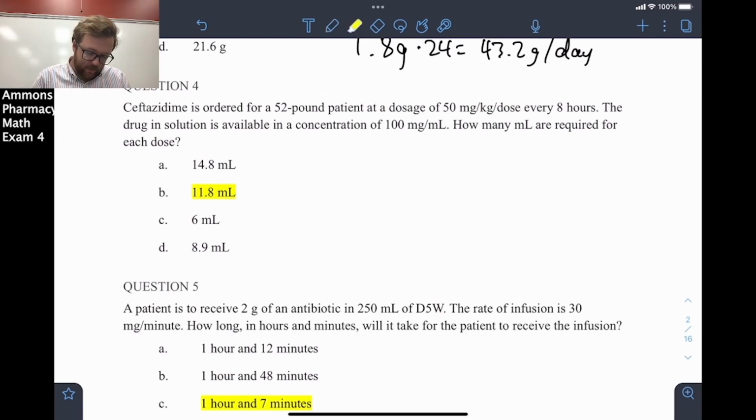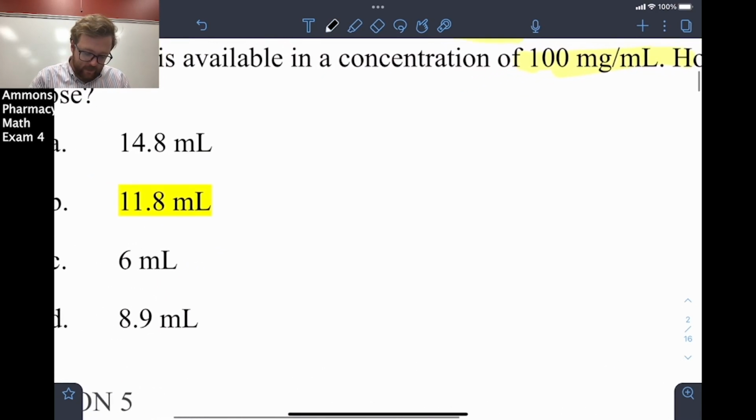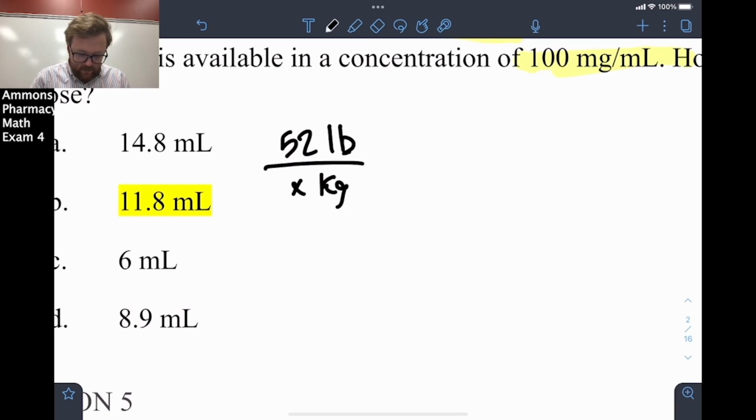Okay, this is a weight-based one: 52 pounds, 50 mg per kg per dose every 8 hours. We have it in 100 mg per mil. Okay, first step is obviously we have a 52-pound patient. We need to know his weight in kilos.